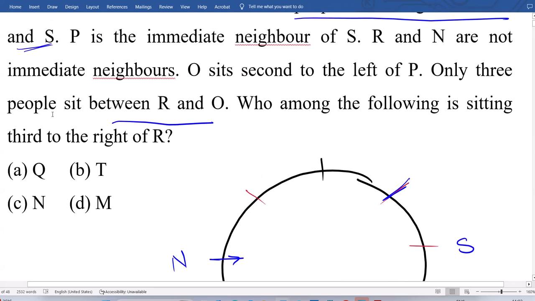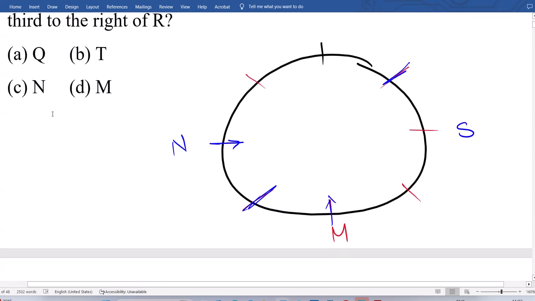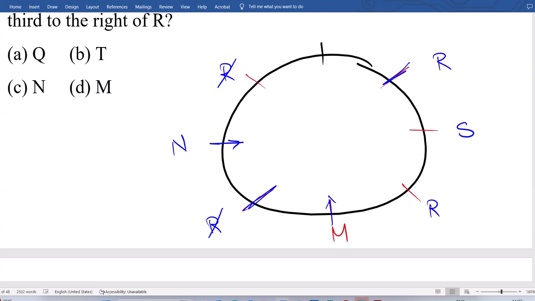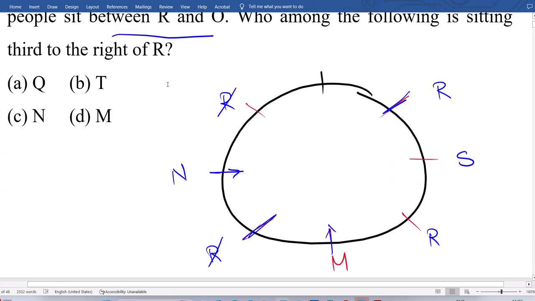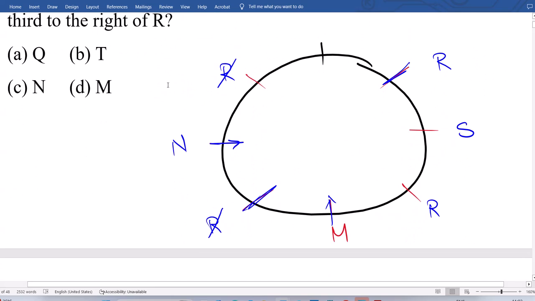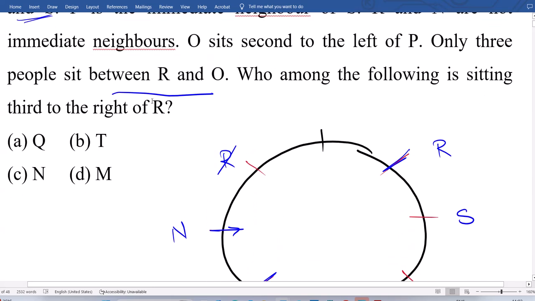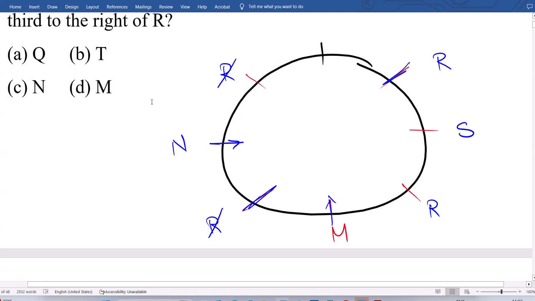They said R and N are not neighbors, so R cannot come here. The possibility for R is here or here only. R opposite is O, and O must be second to the left of P.